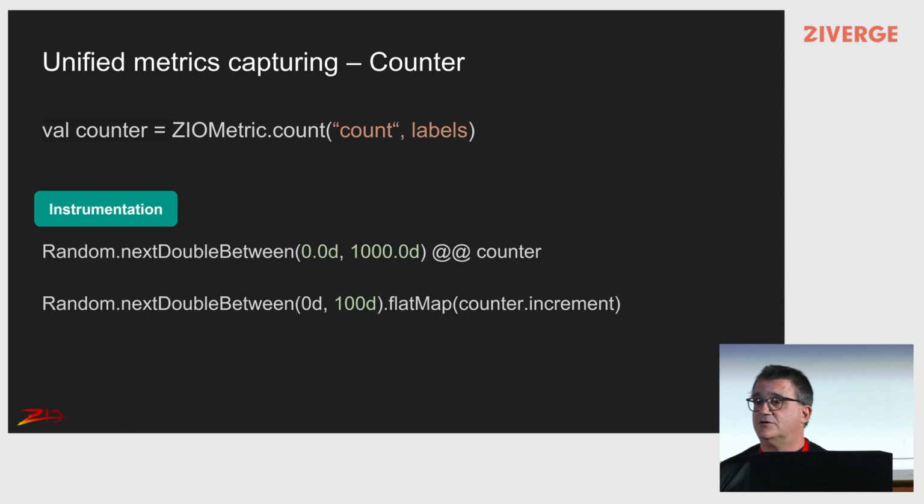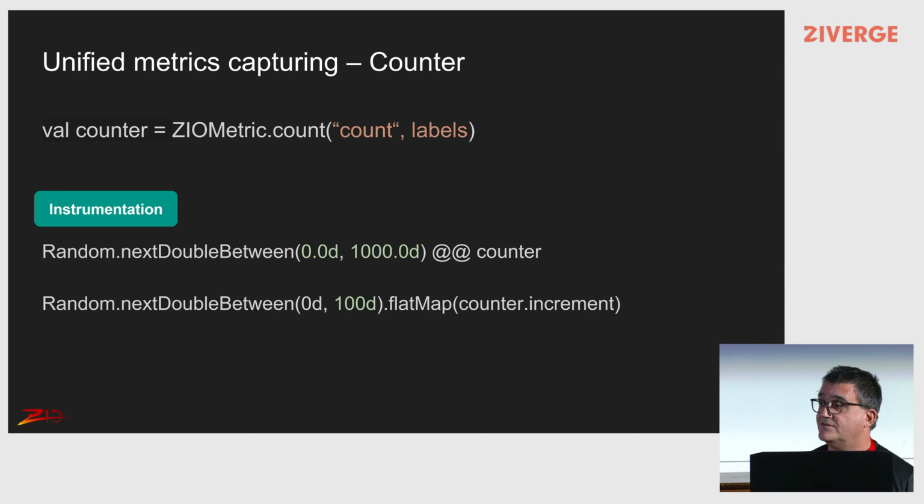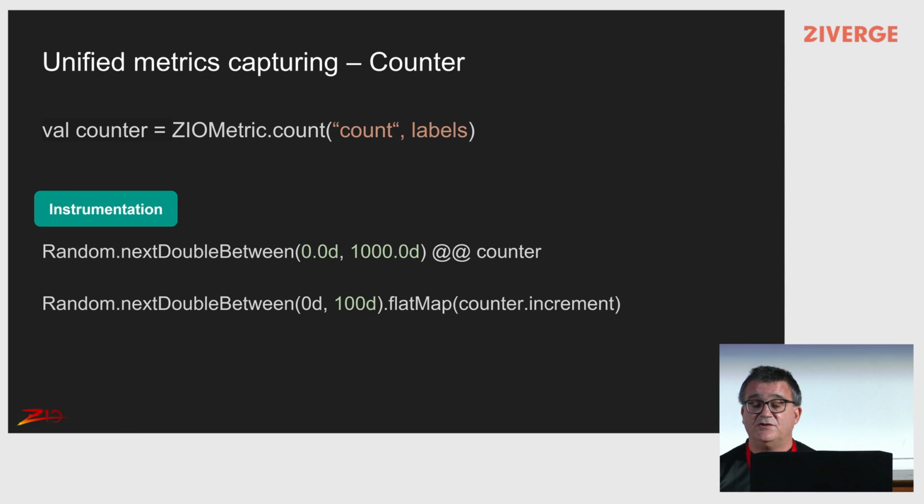Then inside our code, we can use the counter either as an aspect or just by flat mapping it and giving it a double value, calling the increment method, and then the counter would be incremented by the amount that the effect has yielded.